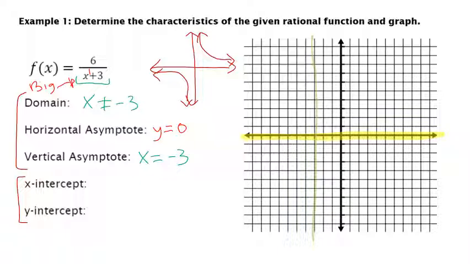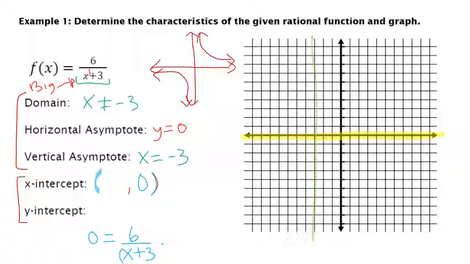So our x intercept, remember, you're letting your y value be 0. So I'm going to go to my function, and I'm basically putting in 0 for my y value. And really, that ends up being the same as setting the top equal to 0, right?